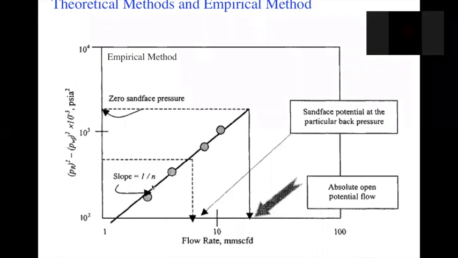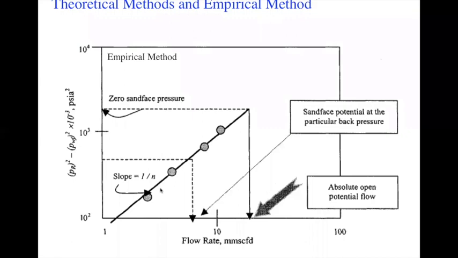So this is typically the empirical approach. You can do it by the theoretical approach also. You will get the same kind of curve with slight changes. So this is the multi-rate test you performed, and once you have this deliverability curve, you have a slope and an intercept. Once you have these two values, you have a definite set of equations in the form of the empirical equation that we have seen earlier.